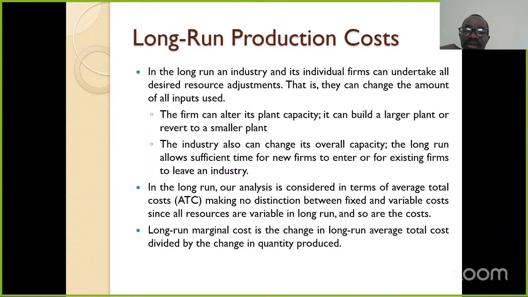So the costs are calculated in terms of average total cost. Here we can also calculate marginal cost, which can be defined as the change in long run average total cost divided by the change in quantity produced.